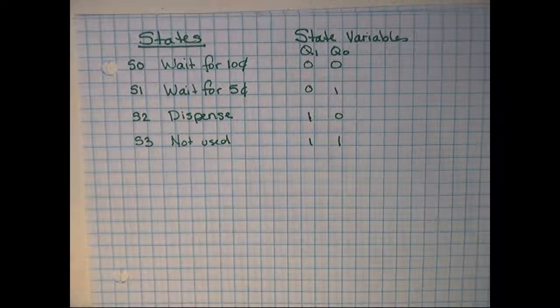So how many state variables did we need in order to do our states? State variables are Q1 and Q0, so how many state variables do we need? 2. So that's the second answer on your handout. We need 2 state variables.